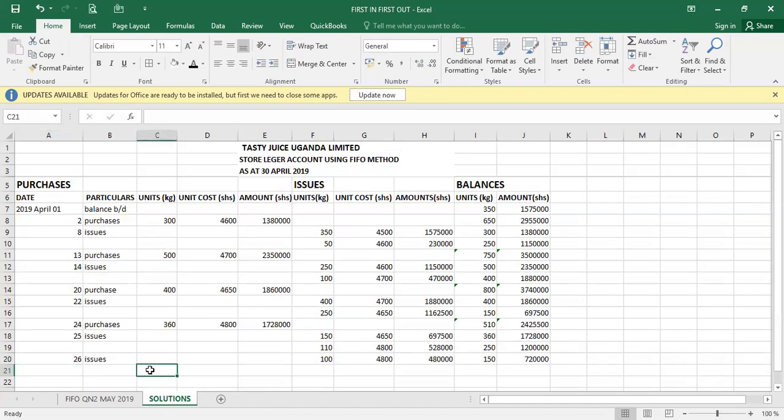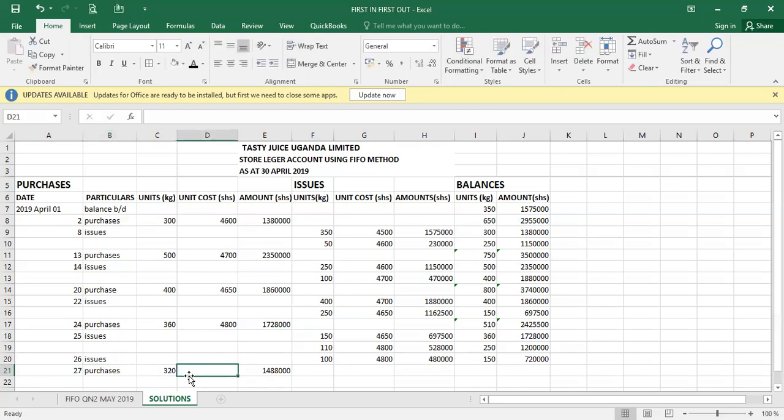The units are 320 at a total cost of 1,488,000. These happened on 27th, and these were purchases.